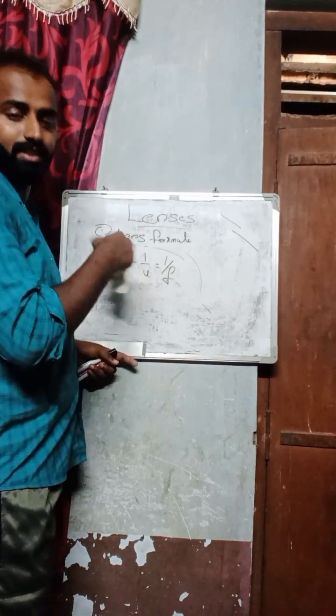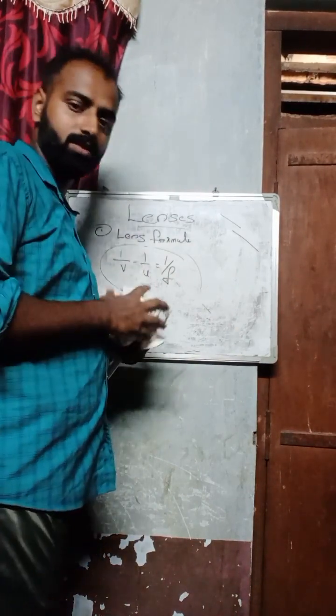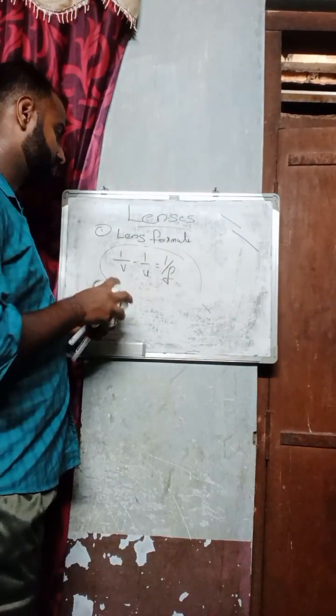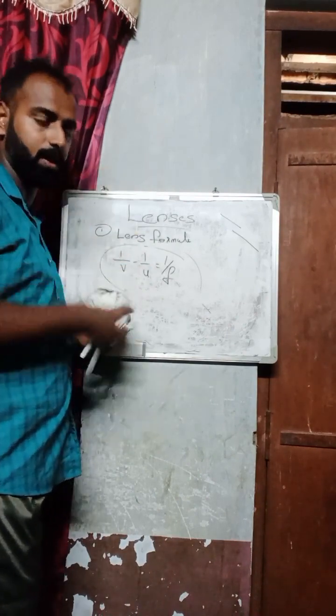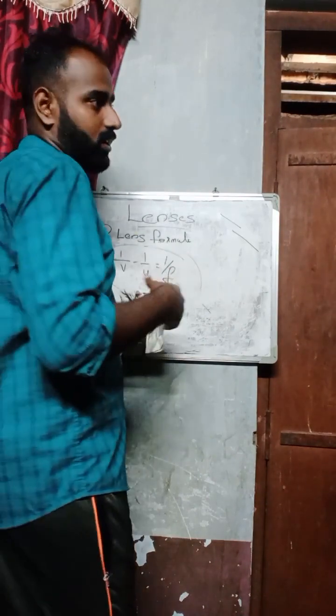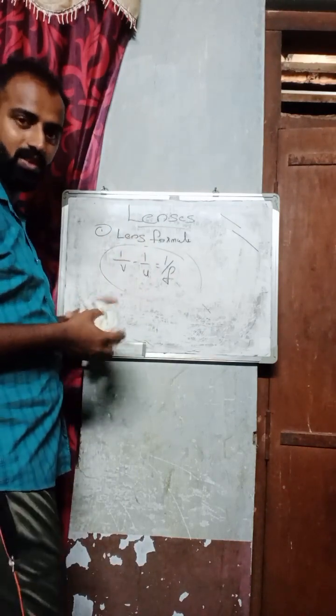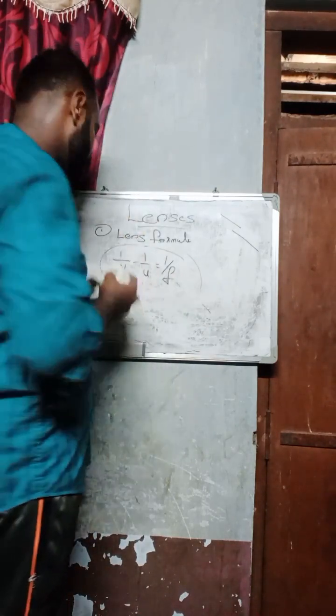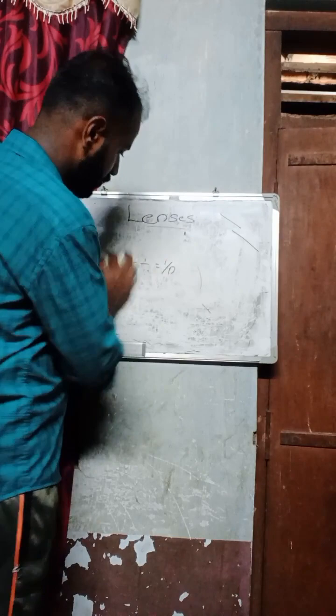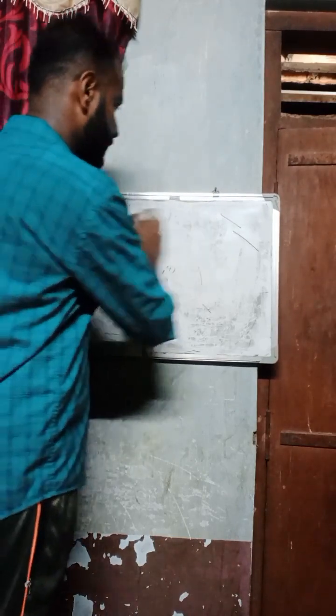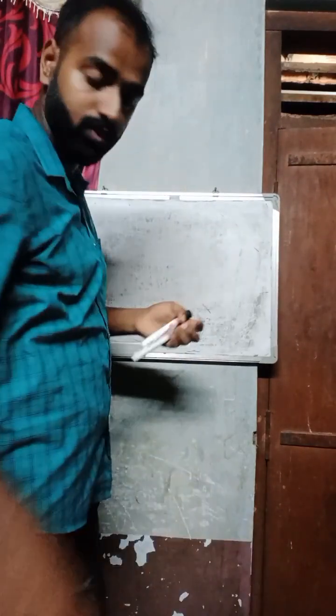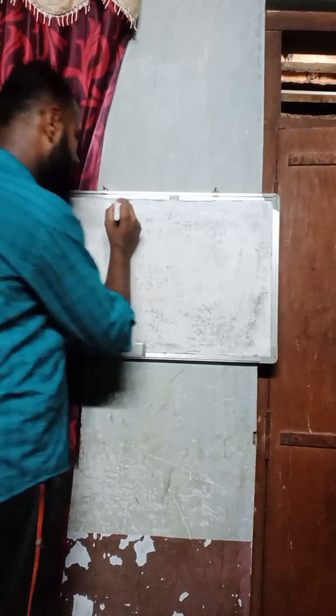After studying the equation, actually there is a derivation for this. Now I am skipping that. So I am going to the entrance-oriented part. In the coaching field, we are just discussing the equation and the importance of those equations. So I am taking the whole board to explain the lens makers formula. It is an important topic.